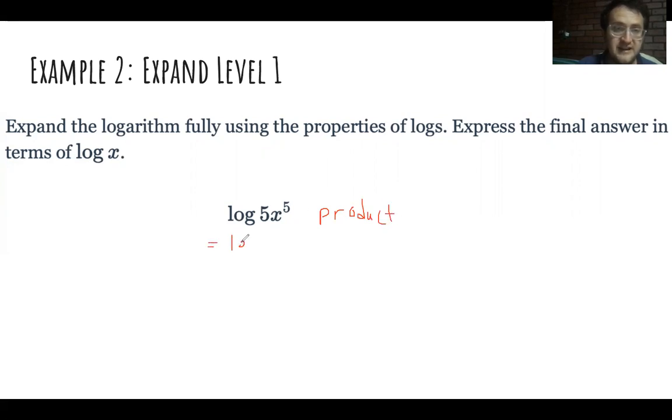So I'm going to write this as log of 5 plus log of x to the 5th. And then I'm going to use my power rule to write this as log of 5 plus 5 log of x. And then we're done.